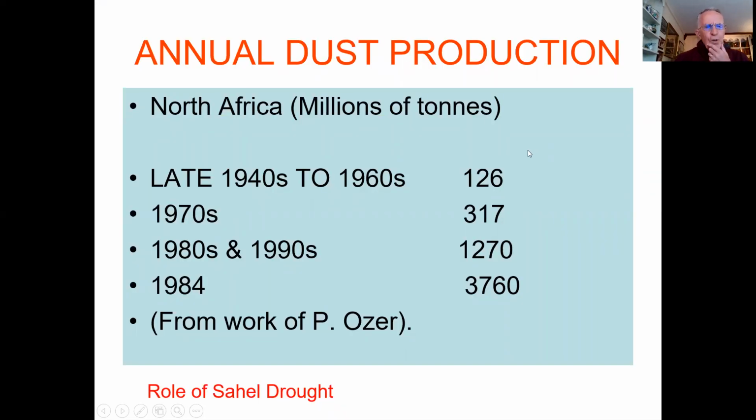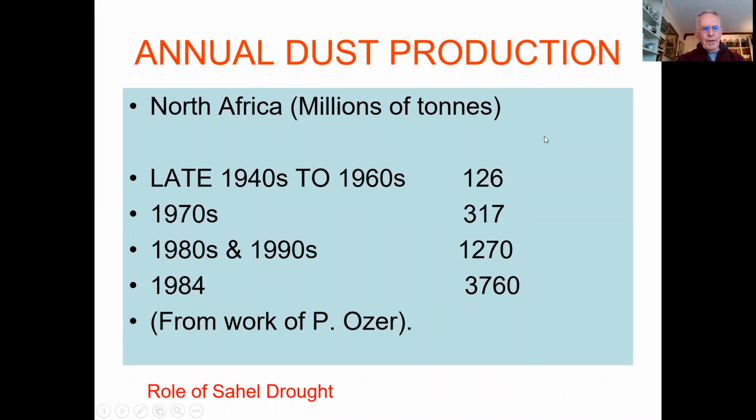And again, humans play a role here. I've mentioned plowing up of the land, and obviously removal of vegetation, disturbance of the ground surface by various human activities does increase the likelihood of dust storms occurring.